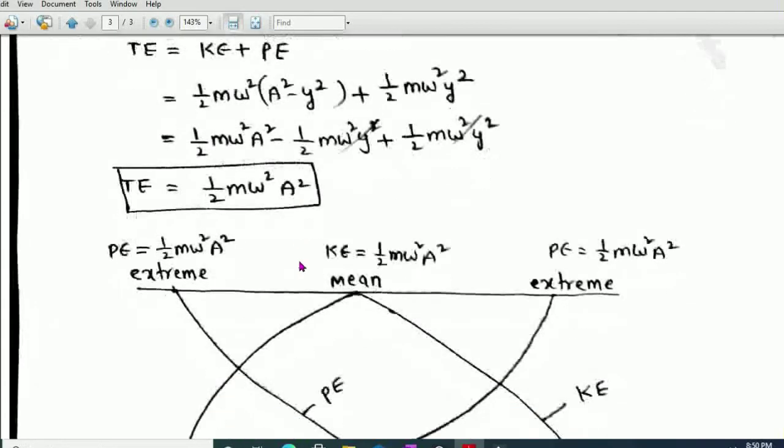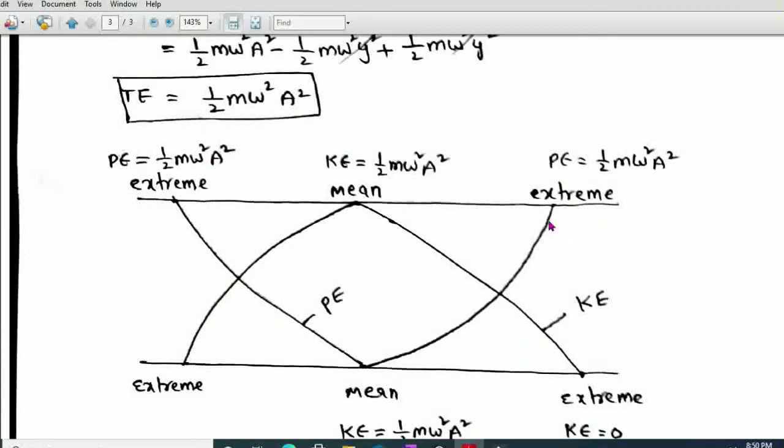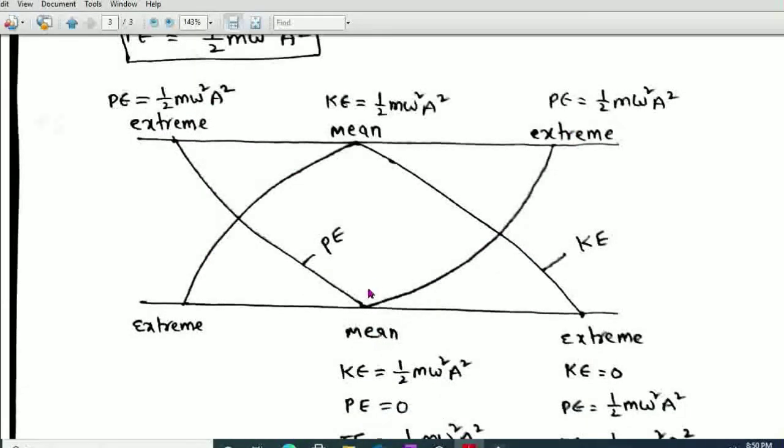How is it? That means if you see this diagram, you can understand this. So let us consider this position is the mean position. Either side of the mean position there are two extreme positions. This is an extreme position and this is another extreme position.